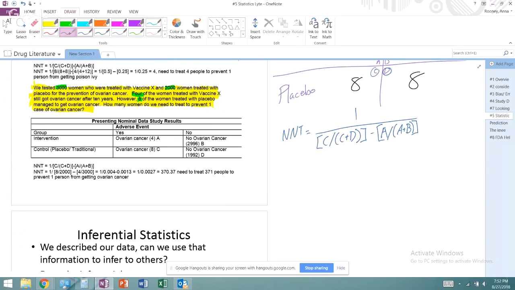So you have 8, and then 8. Minus, which is 4 over 4 plus 12. And this is all over 1.